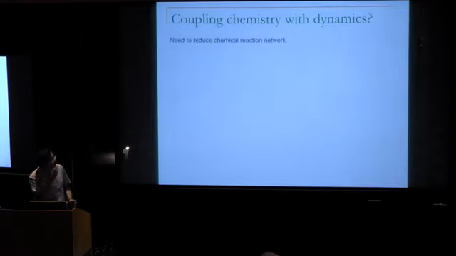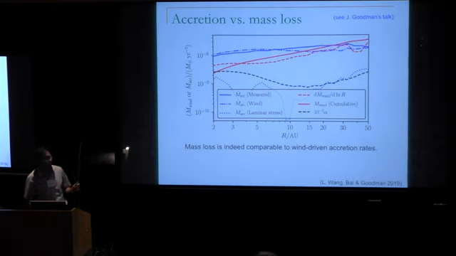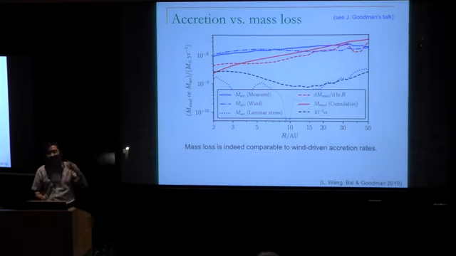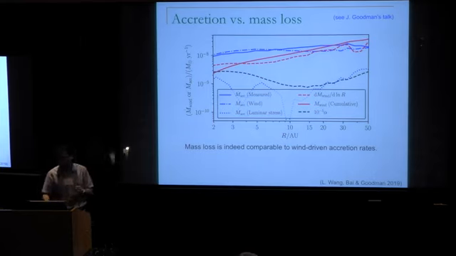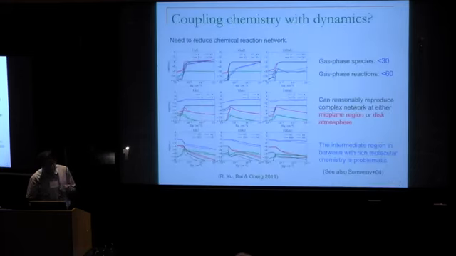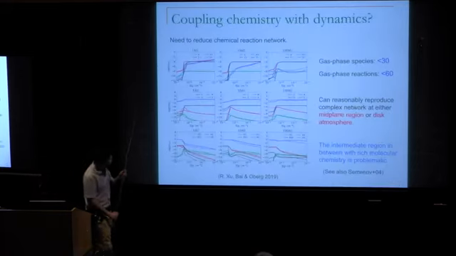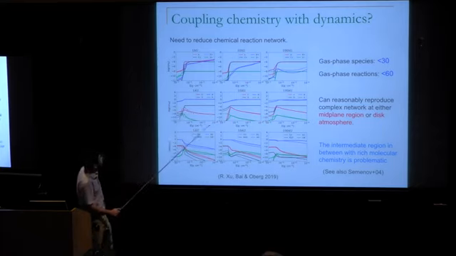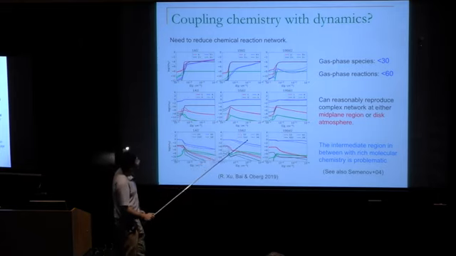And in terms of chemistry, in order to make this calculation possible, you cannot really use a very complex chemical reaction network like the astrochemistry people use. To make this possible, you really need a reduced chemical network. Otherwise, it's hopeless. So we, with Rui Xu, who is currently a student at Princeton, made an attempt to do this.